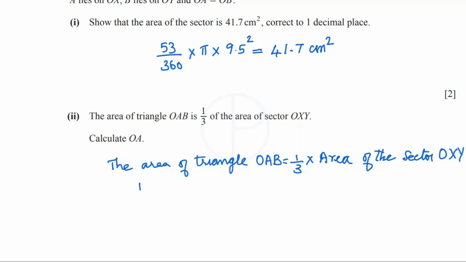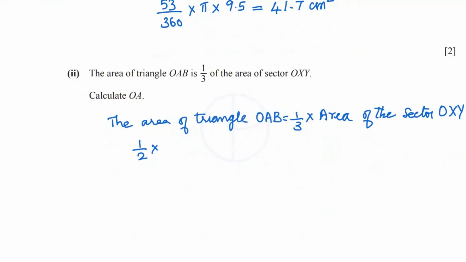Area of the triangle is 1 over 2 times AB sin C. A is here, OA times OB times sine 53, which is equal to area of the sector, which is 41.741. It's given OA is equal to OB, so we can write it as OA square.